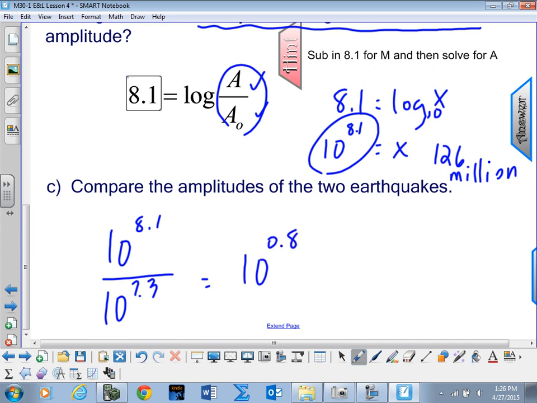So I wouldn't say it's 0.8 times bigger than the other. I would say it's 10 to the 0.8, 10 exponent 0.8, which is 6.3 times. So that was the second earthquake.